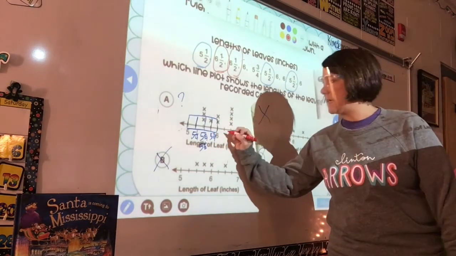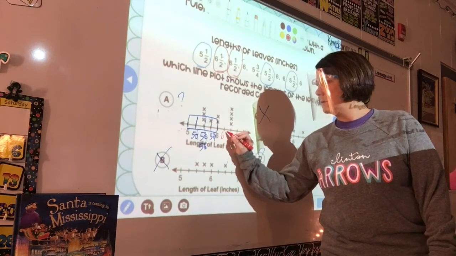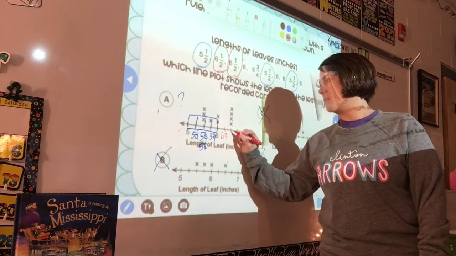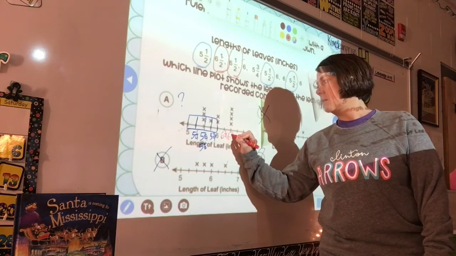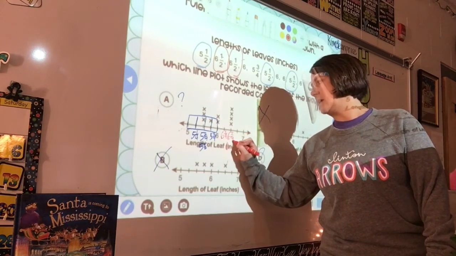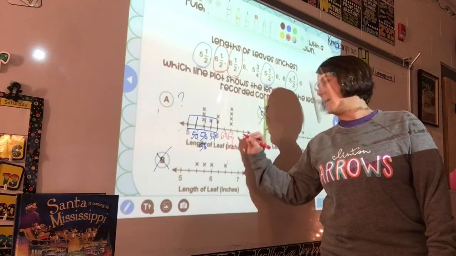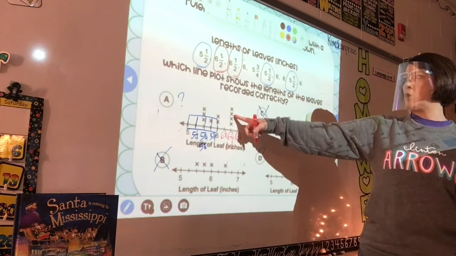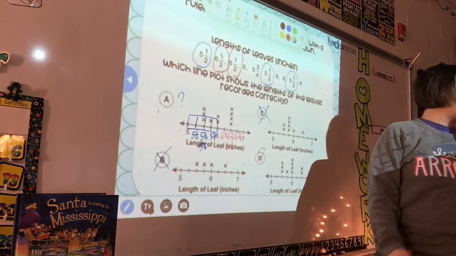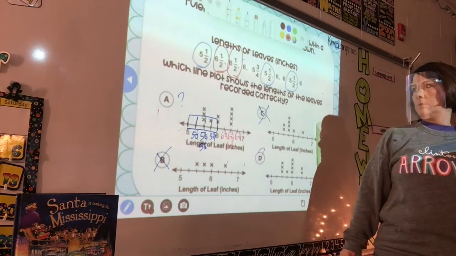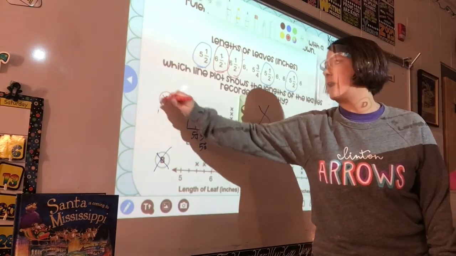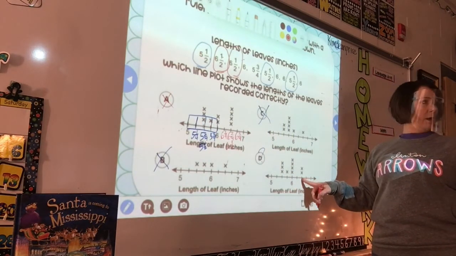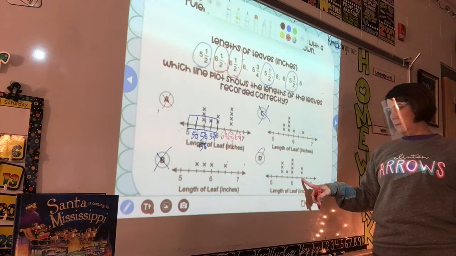This would be 6 and 1/4. Good, whoever said that. This would be 6 and 2/4, which is 6 and a half, and then 6 and 3/4. So does this have 2 X's over 6 and a half? No. So we can go ahead and take it out. Let's check this one. Does this one? Yes. Look right here.